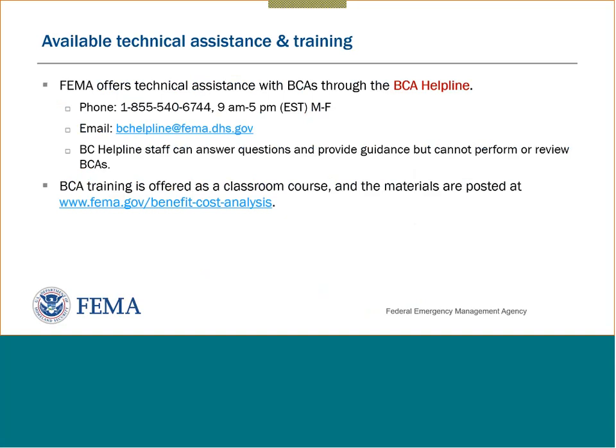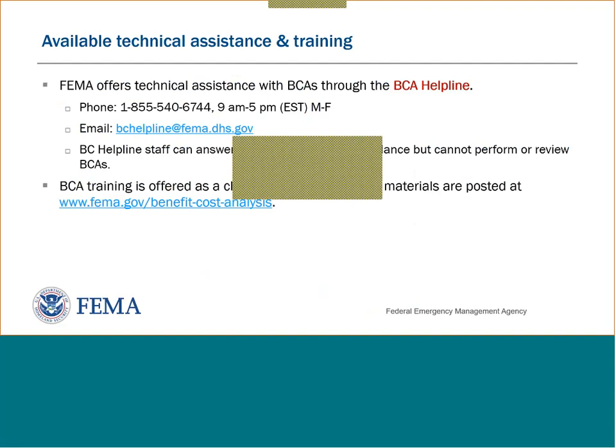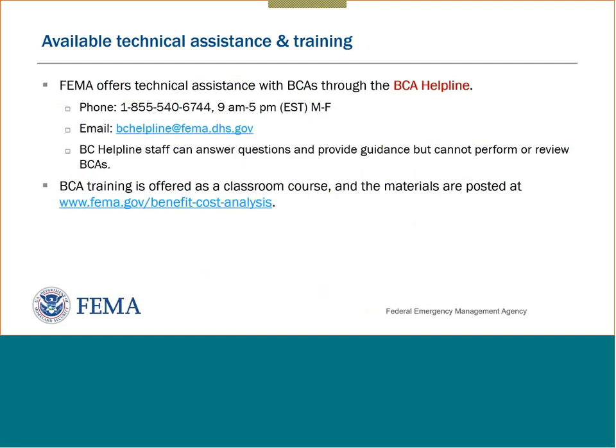Great. If you have questions or problems, you scroll down to the bottom of the BCA page on FEMA.gov, and you're going to see ways to get support. The BCA helpline can assist you with questions about your project data. They are wonderful. They can also provide technical assistance if you're having problems with the software itself. You've got phone and email, and staff are available to you.